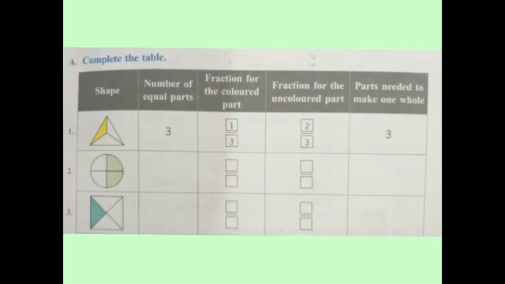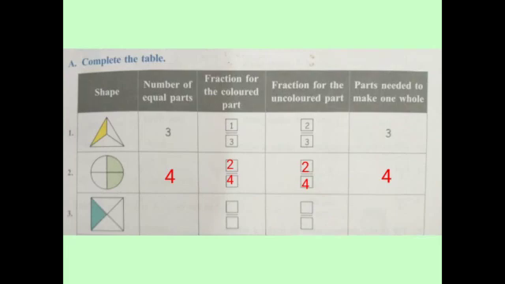Next is a circle. Number of equal parts is 4. Fraction for the colored part, 2 parts are colored, so 2 by 4. Fraction for the uncolored part, 2 uncolored parts are there, so 2 by 4. Parts needed to make one whole, we need 4 parts to make one whole.